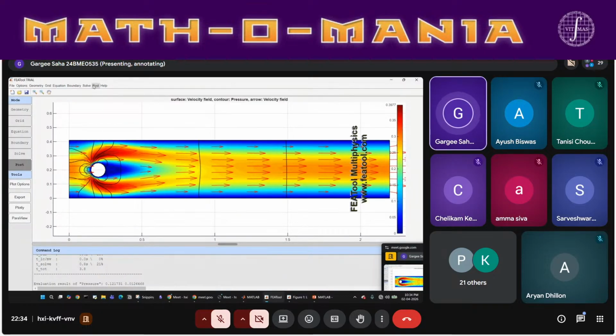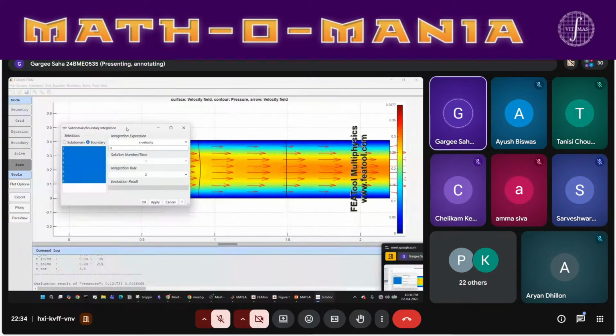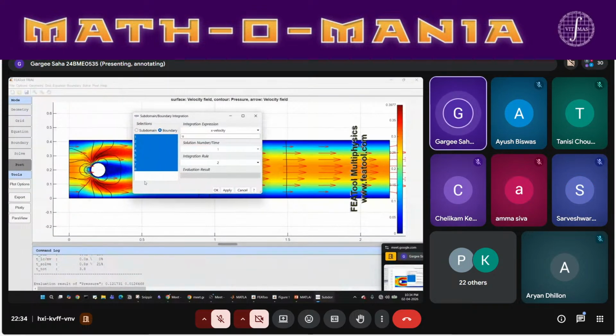Let us now also see the drag and lift coefficients. So we will use the boundary integration expression here, and we will see that around the cylindrical boundary, which is 5, 6, 7, 8, velocity is in x direction, and it is being represented by the variable u.